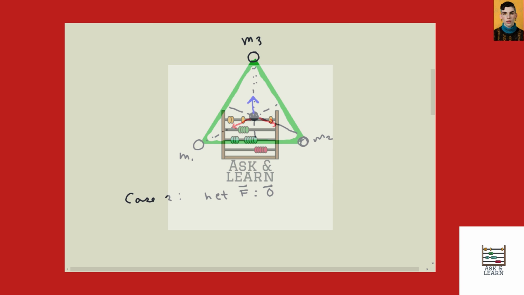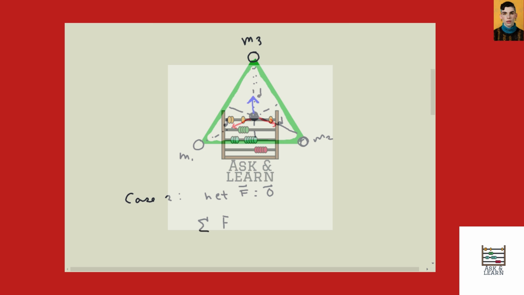Clearly the 2 red forces have no net x component. But what about the y component? Let's take a look. Mass 4 is equidistant from all 3 masses.